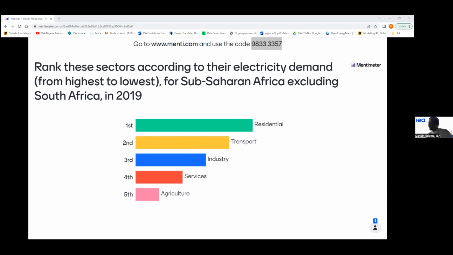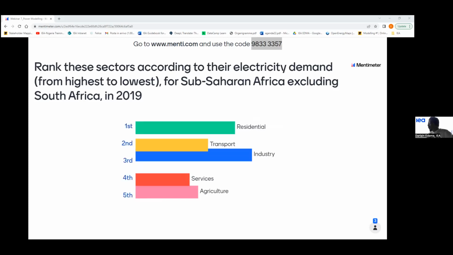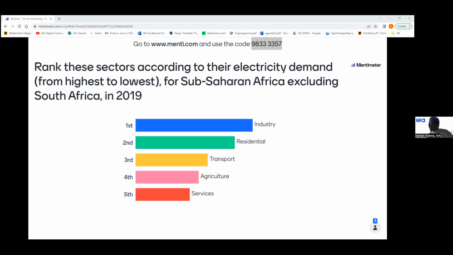So here we can see that residential is at the first level. We have actually just one person. Okay, so 3 people already answered. We have industry, residential, transport. Right now, agriculture went to the 5th place. So I give you a few seconds more to vote.